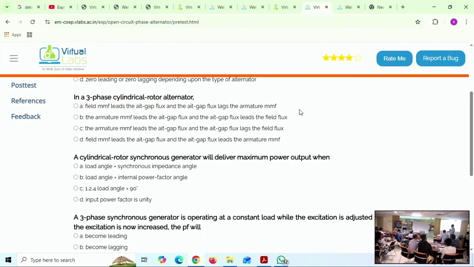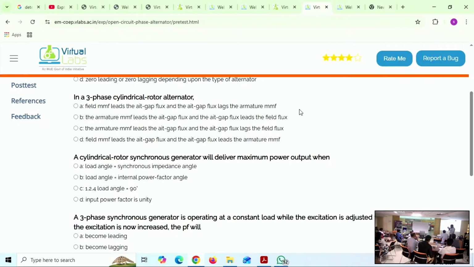In synchronous machines, induction machines or even DC machines, observe the stator magnetic field and rotor magnetic field. They always try to align with each other, and rotate with synchronous speed.